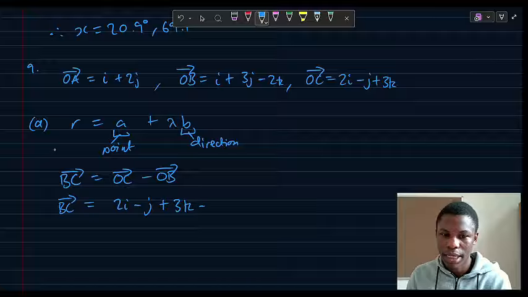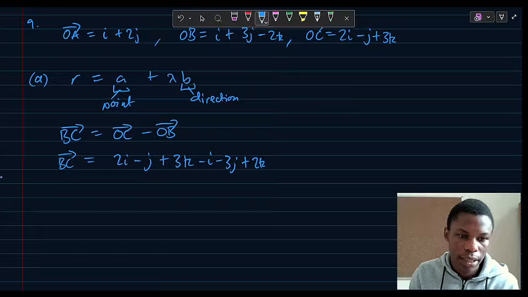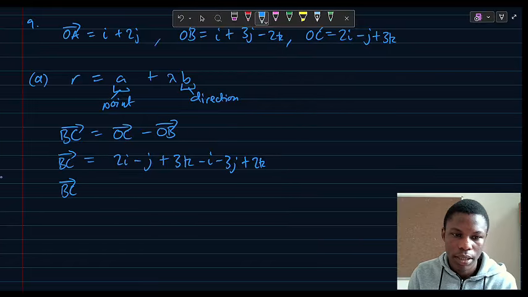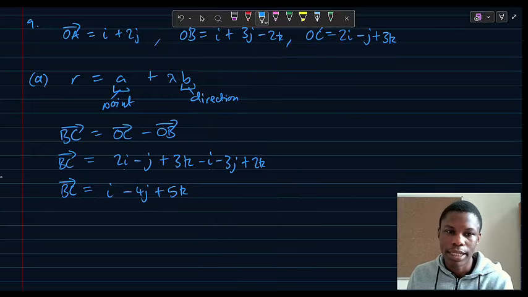So I'm going to get a negative i, a negative 3j, and a negative 2k, so positive 2k. And so my BC has to be 2i minus i, which is i, then minus j minus 3j, which is minus 4j, then 3k plus 2k, which is 5k. And so this is our direction vector BC.